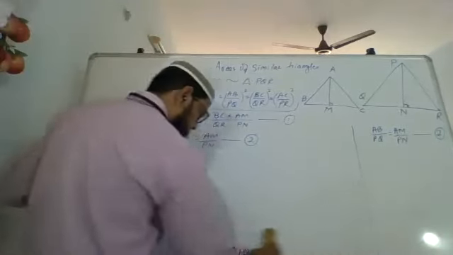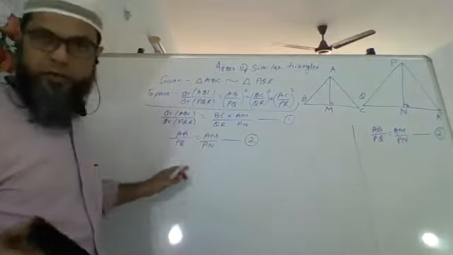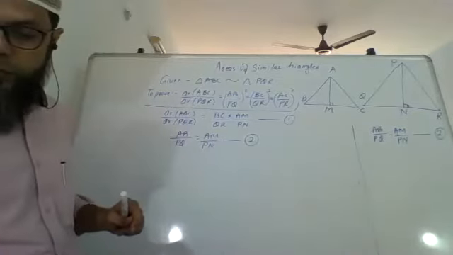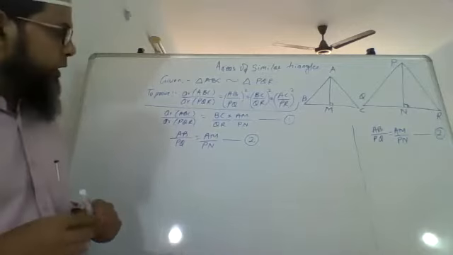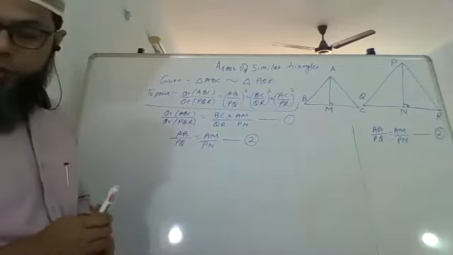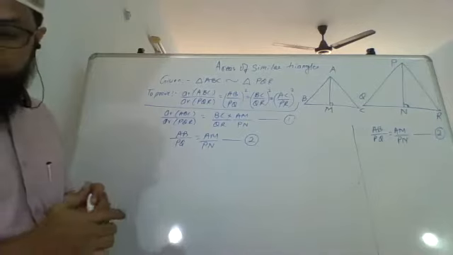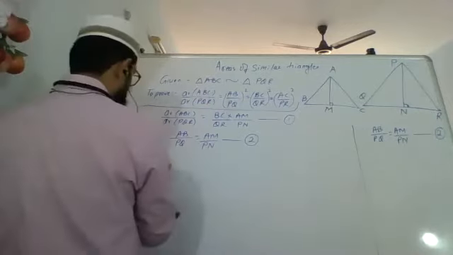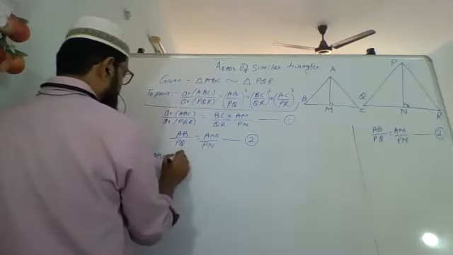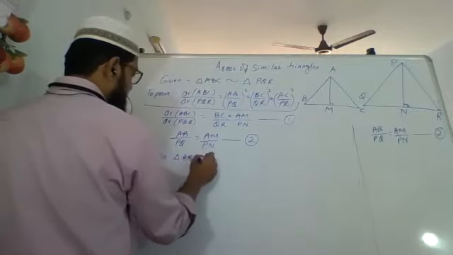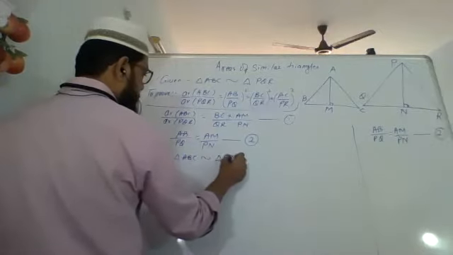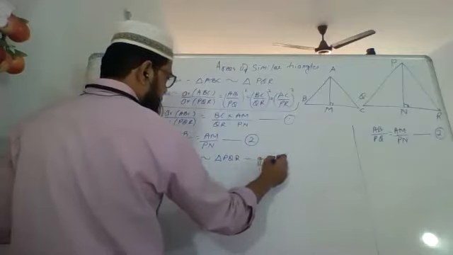Now, let's proceed from here forward. So AM upon PN equals AB upon PQ. That part we have got. We also know triangle ABC is similar to triangle PQR. This is given to me.